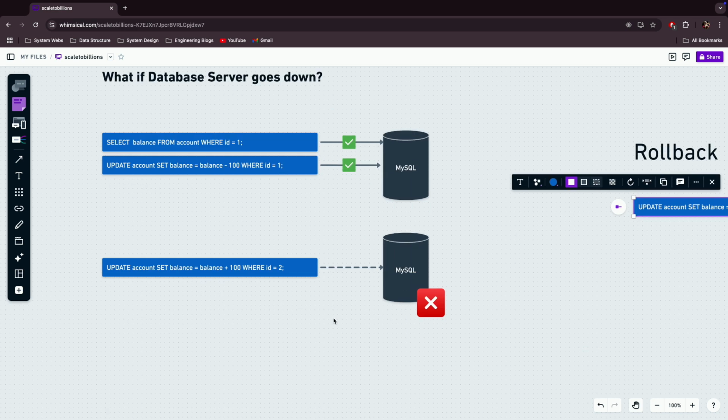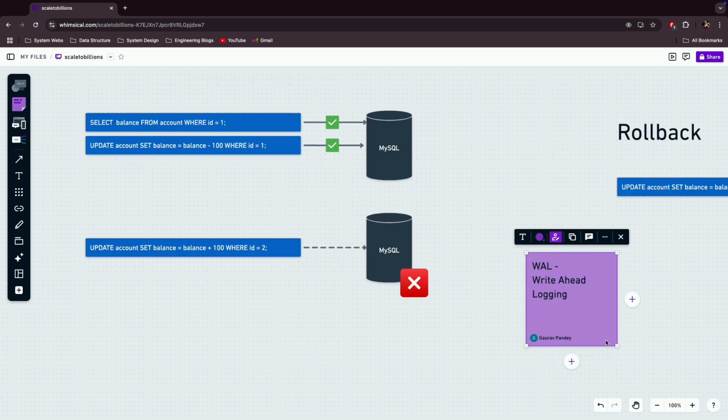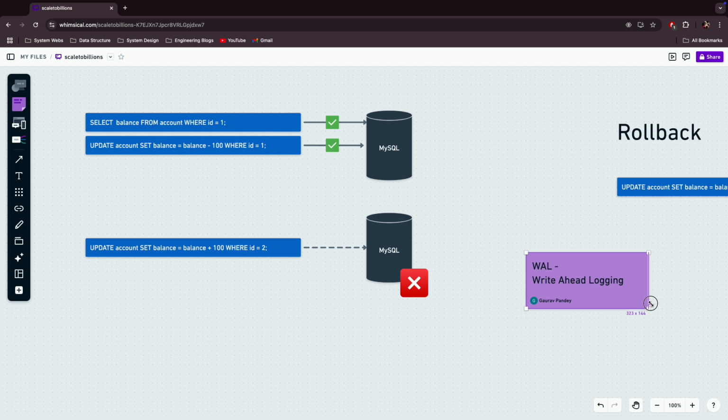That's a genuine question, but there is a concept of WAL, which stands for write ahead logging, and I'll talk about this in depth. That's why I have not kept it part of this video. There are other methods as well, but this is one of the efficient ways how a database ensures atomicity, even in case of database failure.